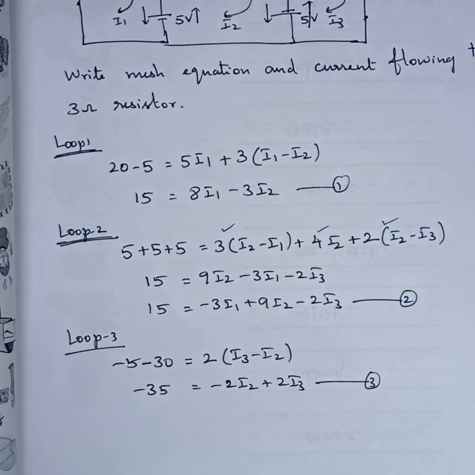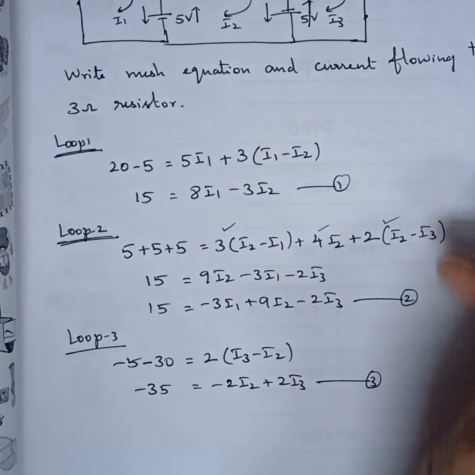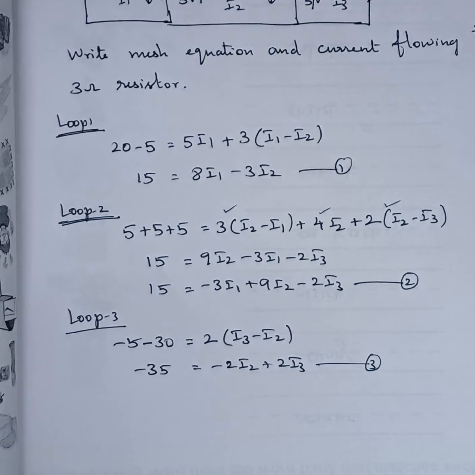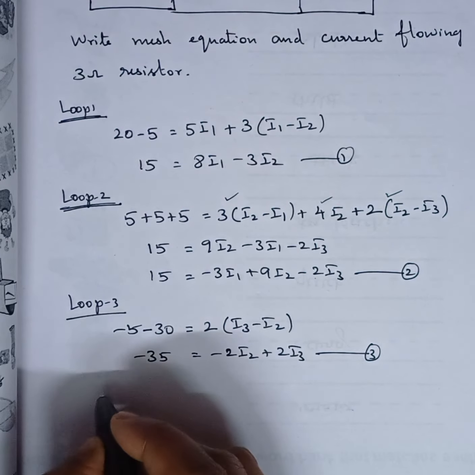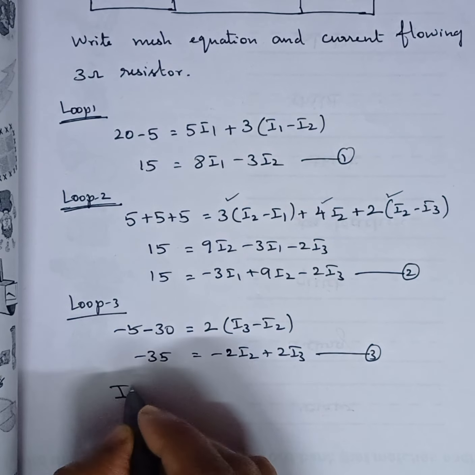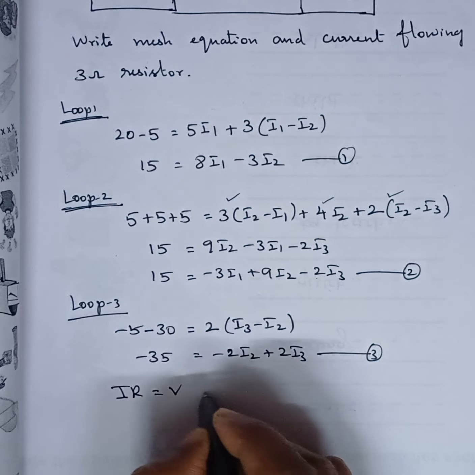This is my third equation. So all the three equations we formed from these three loops, now it is to be written in matrix format, correct? We know V is equal to IR, correct?